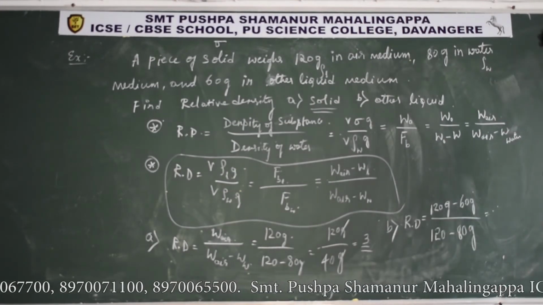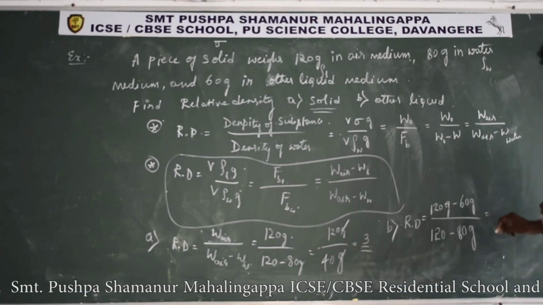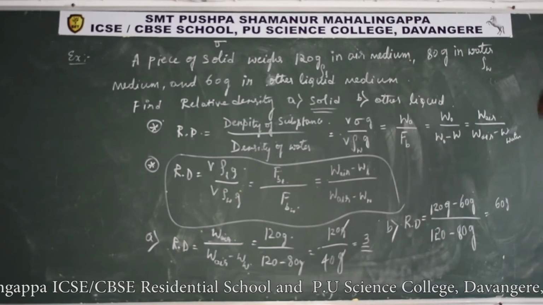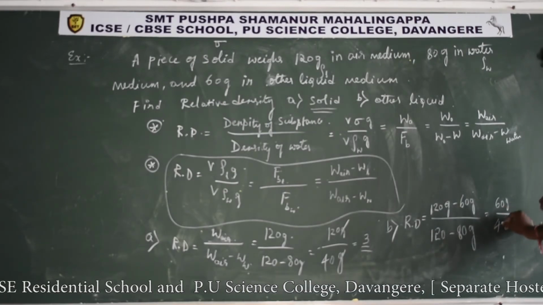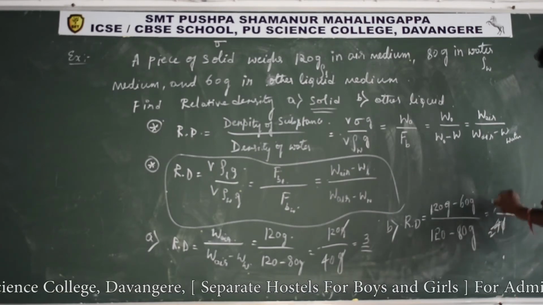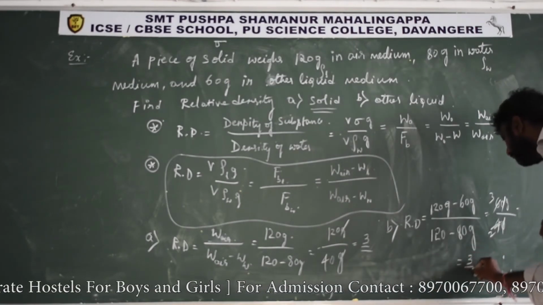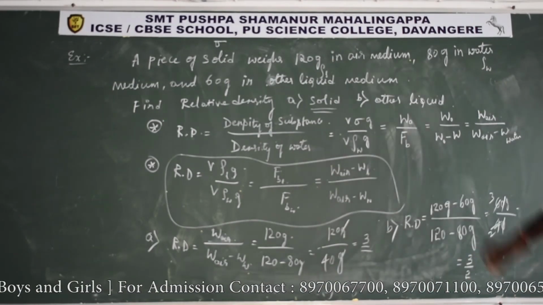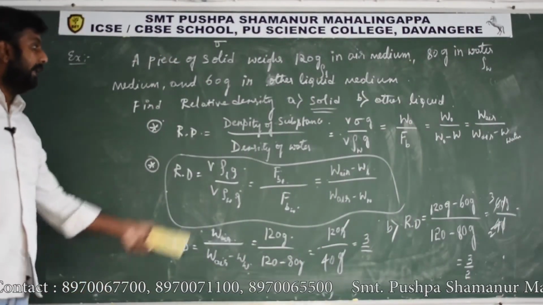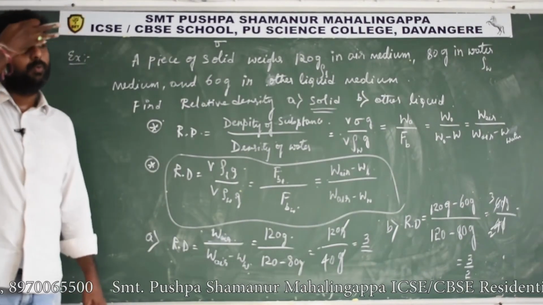Here 120 g minus 60 g is 60 g, divided by 40, so the answer is 3 by 2. This is the relative density of the liquid. Relative density of solid is 3, relative density of liquid is 3 by 2.